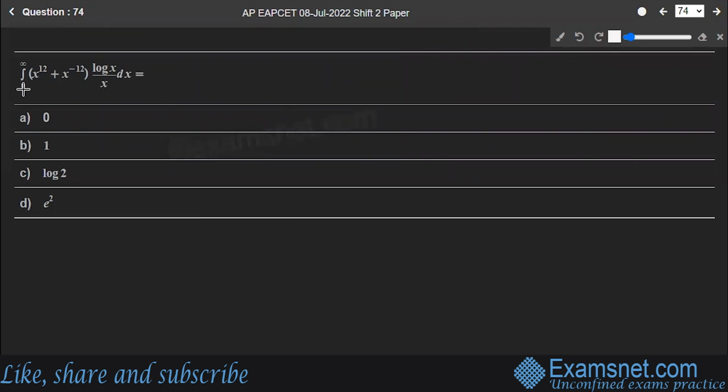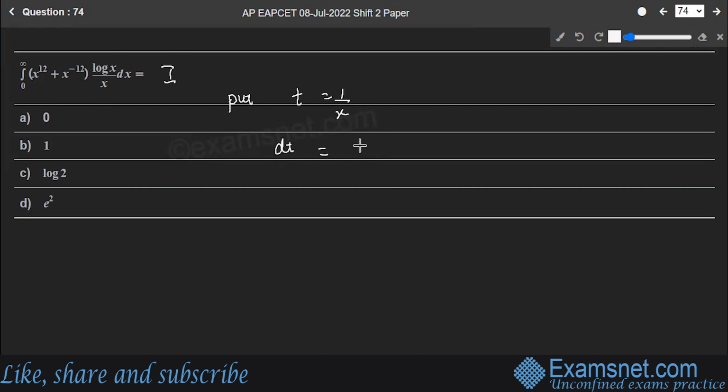So we are having integral from 0 to infinity, (x raised to power 12 plus x raised to power minus 12) into log x upon x dx is equal to what? So, right, easy sum. What we'll be doing, let this whole thing be equal to some I. Now I'll put t is equal to 1 by x. Now let's find out the derivative.